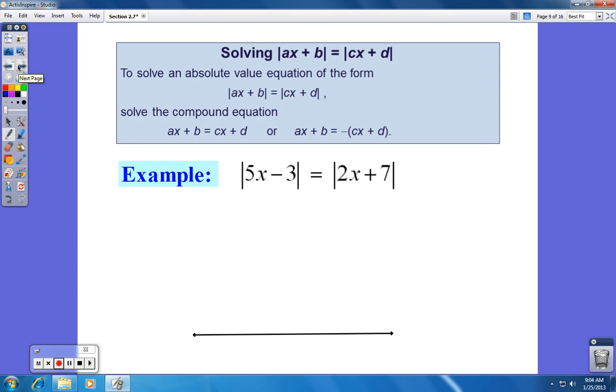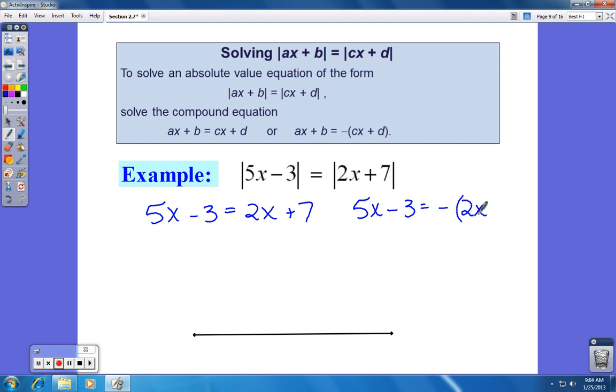The last case here, special case, we're going to work this exactly like we have. We're going to set up two equations, but this particular equation, I won't work the whole thing out, I'll just set it up so you can see. We're going to keep it like it is here at the beginning, and then we're going to set up our second equation by doing the opposite.